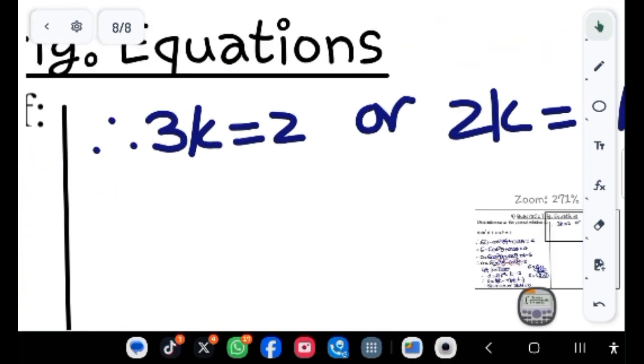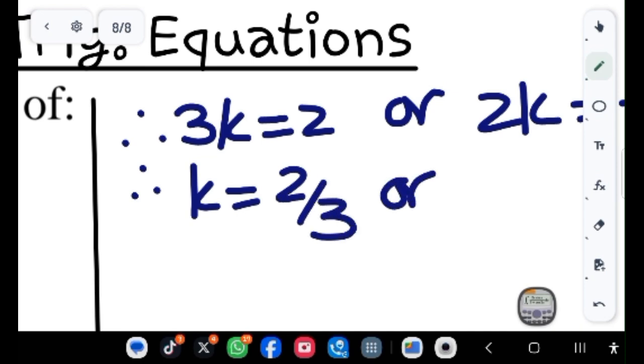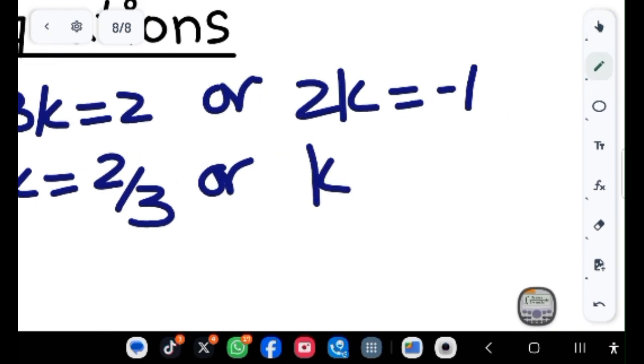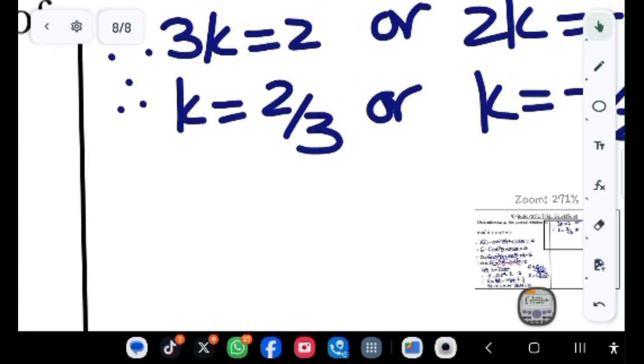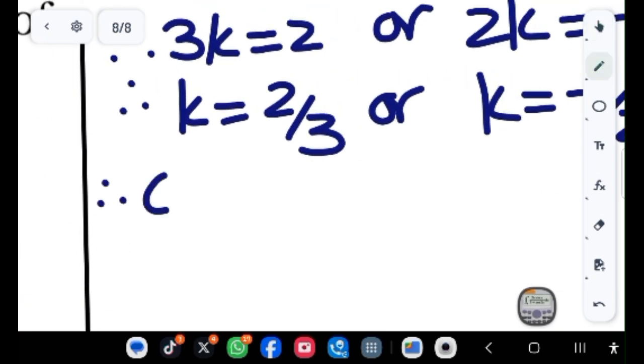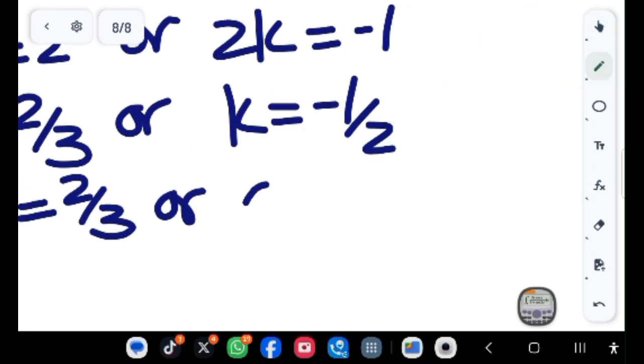There we go. Now therefore k equals 2 over 3, or k equals minus 1 over 2. But we're dealing with cos, so what we do is we replace cos back where there is k. Cos of theta equals 2 over 3, or cos of theta equals minus 1/2.